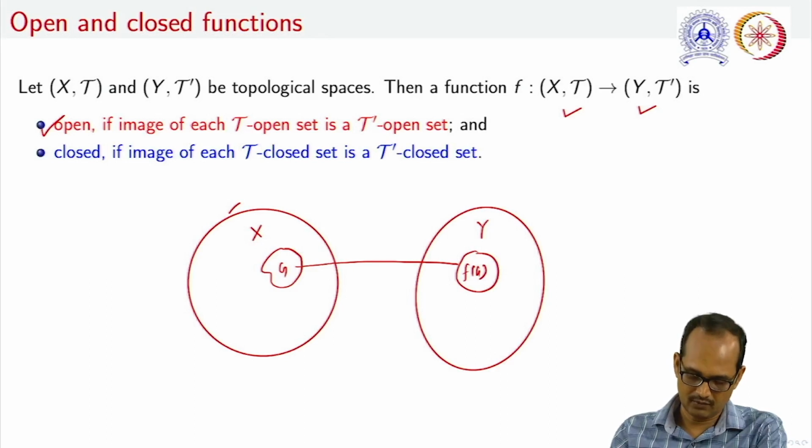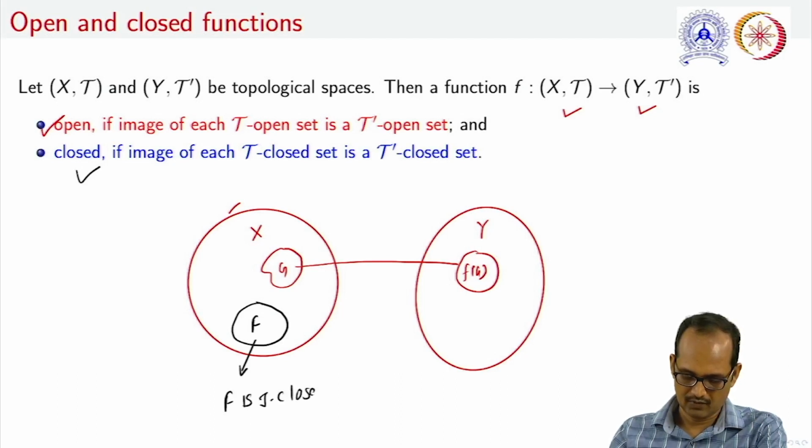Similarly, if we are talking about a closed function, let us take a closed set F here. Let us take that this F is tau closed, and if we compute its image, that is f of F, this should be tau dash closed.